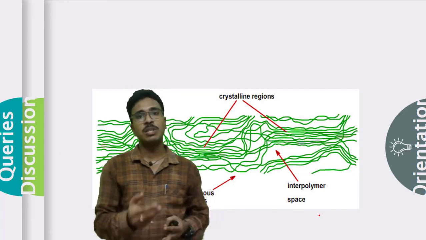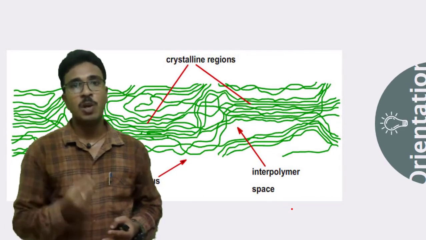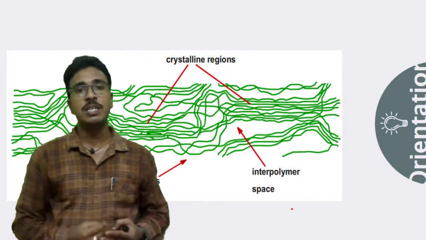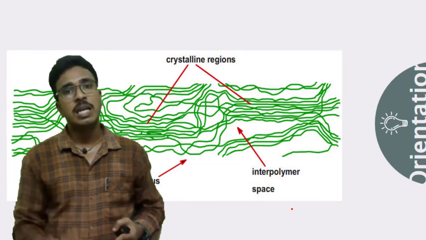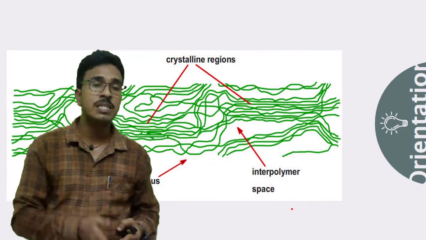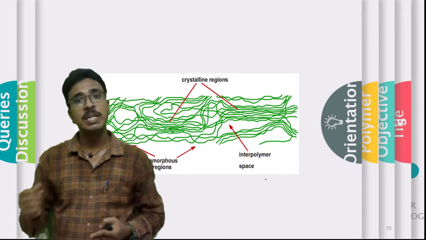And one more thing I want to tell you at this point: this close packing of molecules, which is nothing but crystalline regions, will not allow water molecules or dye molecules to enter the polymeric system, which makes the polymer hydrophobic in nature.